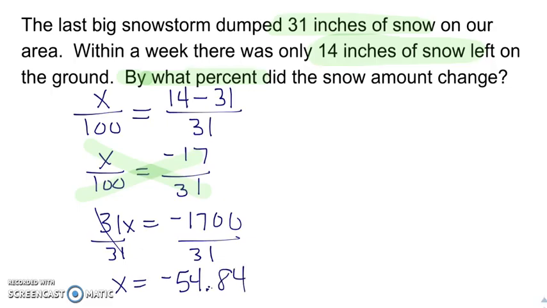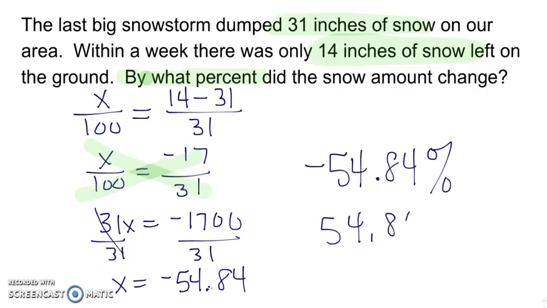Now we need to look how we're going to label this. By what percent? So this would be a negative 54.84 percent, or 54.84 percent decrease.